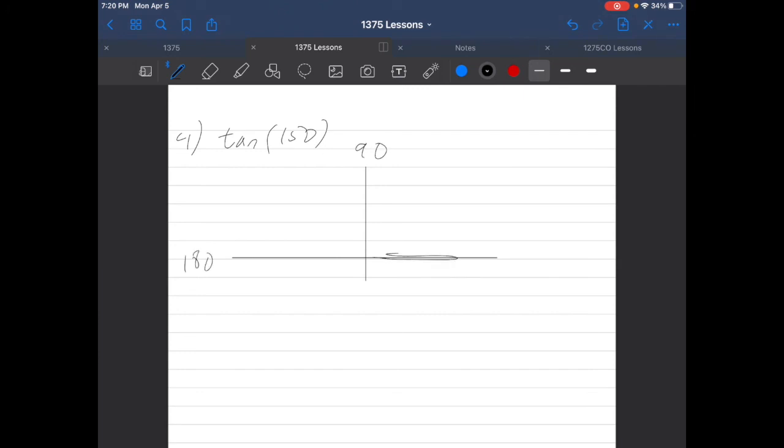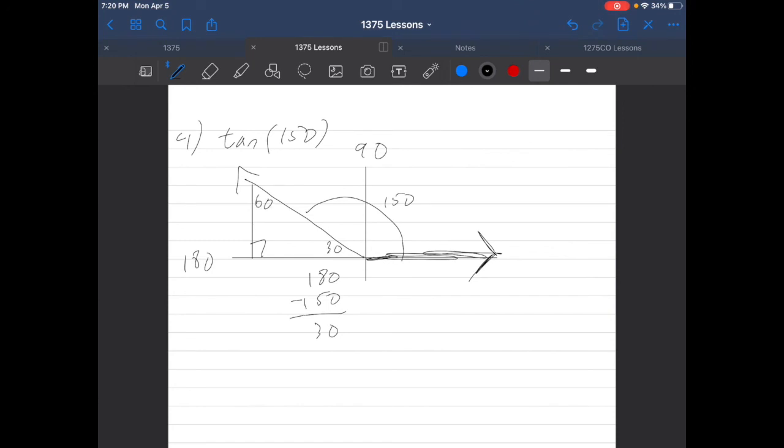So let's draw ourselves from the initial side, the terminal side, right here, 150 degrees. Let's drop our perpendicular down because here we have a reference angle, 180 minus 150 is equal to 30.